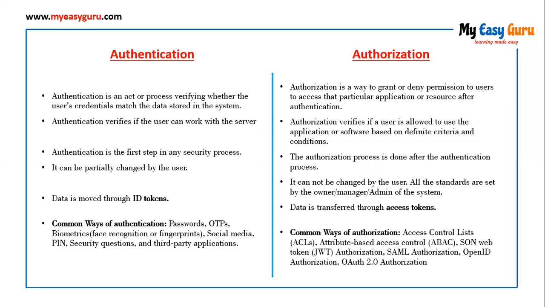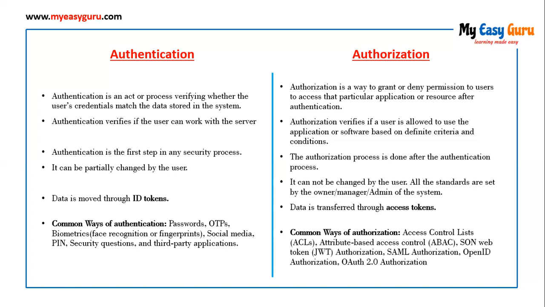Authentication verifies if the user can work with the server, while authorization verifies if a user is allowed to use the application based on definite criteria and conditions. Authentication is the very first step in any security process, while the authorization process is done after the authentication process.